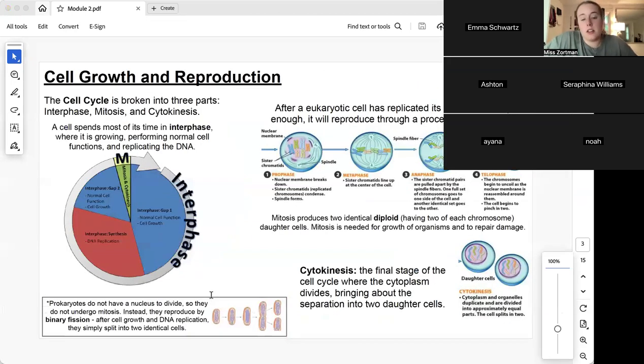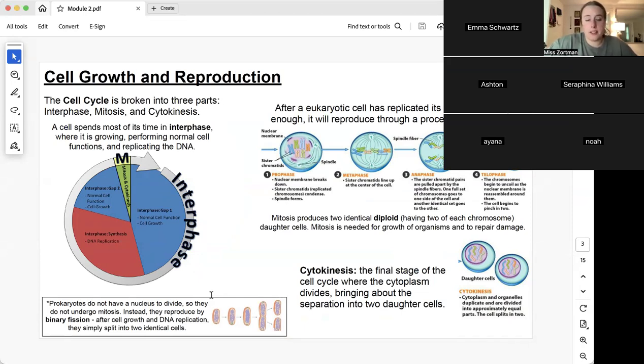Now, for eukaryotes, they split for multiple reasons. That could be to just create more cells, grow and develop, which is what we're going to talk about with mitosis. Whereas for the reproduction side of things, that's when we're going to encounter meiosis.